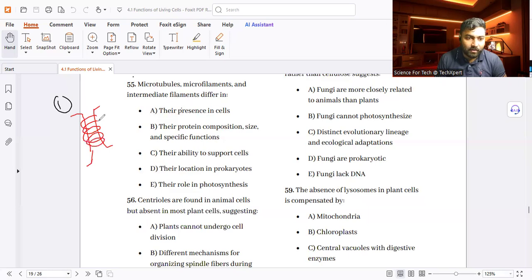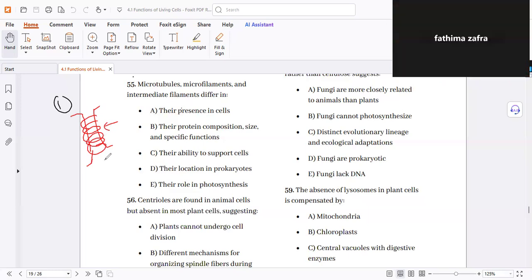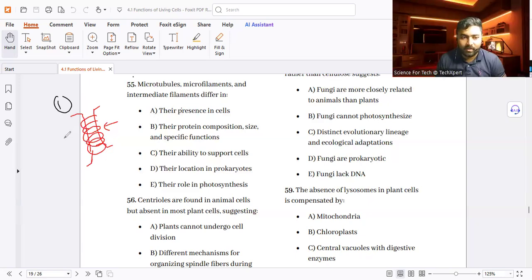Make it close by using a thread, no? What's the term for that? So is it like stitching? Yes, yes, like that.